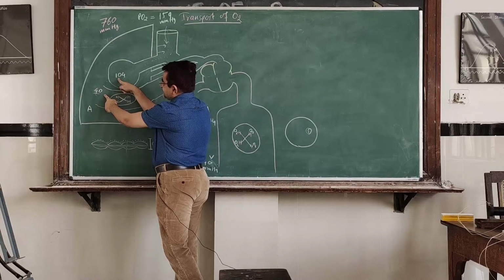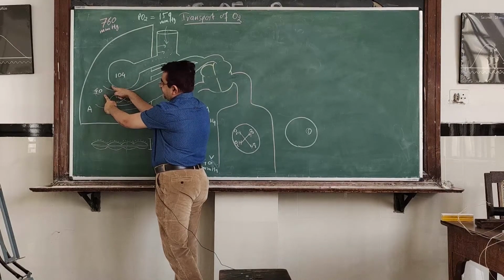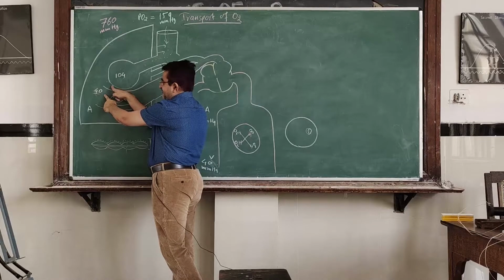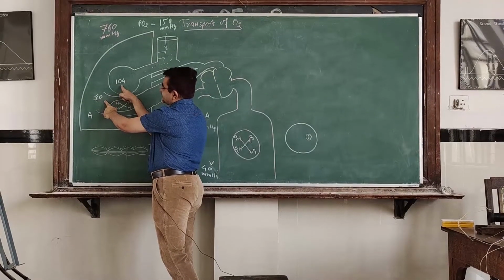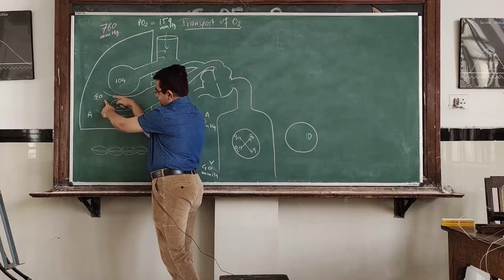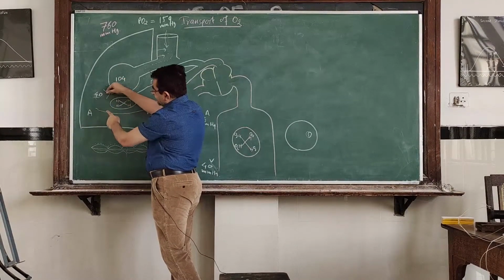That is 104 minus 40 equals 64 millimeter of mercury. This difference of 64 millimeter of mercury leads to simple diffusion of oxygen from the alveolus into the blood.